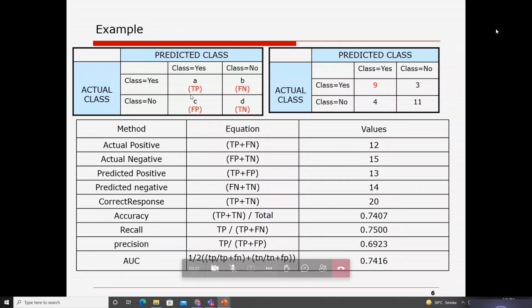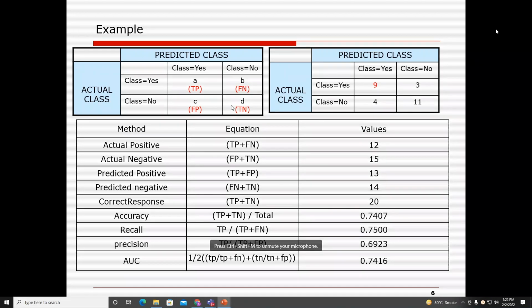Okay, now you see the other terms. Actual positive: please remember the equation for actual positive, TP plus FN, means first row. It is called actual positive. Second row is called actual negative, FP plus TN. So the sum of actual positive is TP plus FN, 9 plus 3, 12.